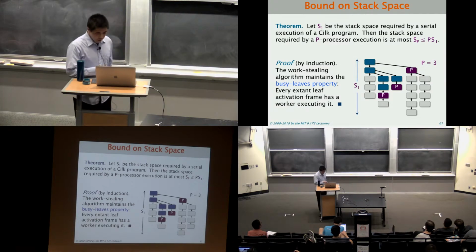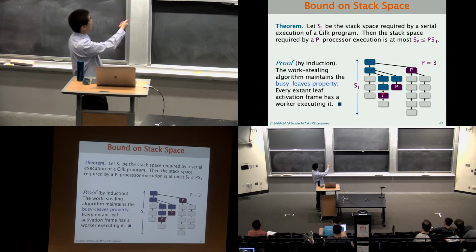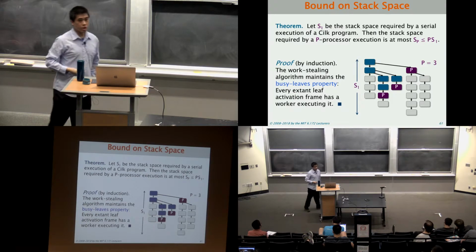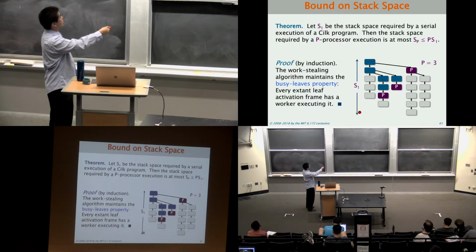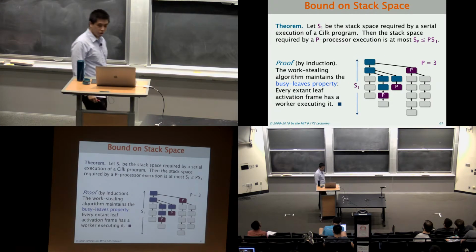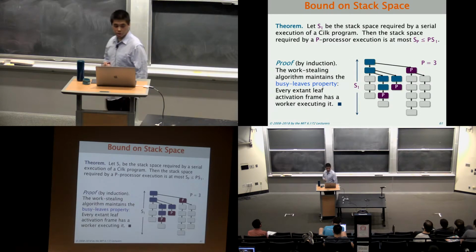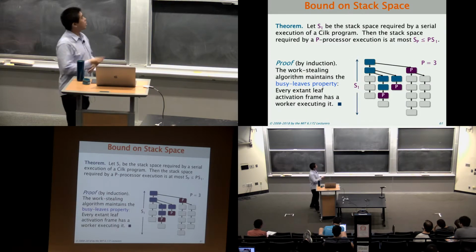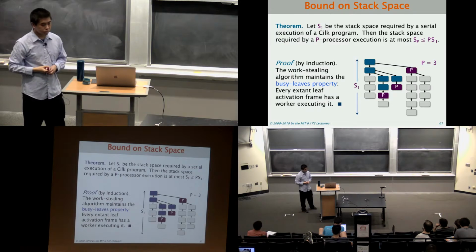Now for each of these processors, it needs stack space for its own task and then everything above it in this computation DAG. We can bound that by the stack space needed by a single processor execution of the Silk program, S1, because S1 is just the maximum stack space we need, which is basically the longest path in this graph.